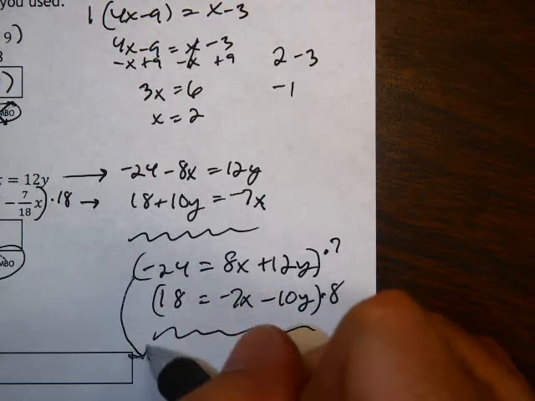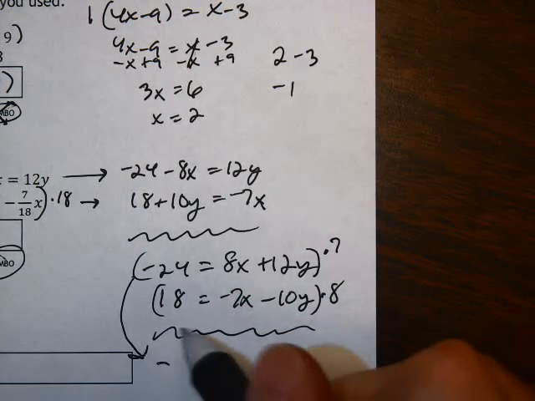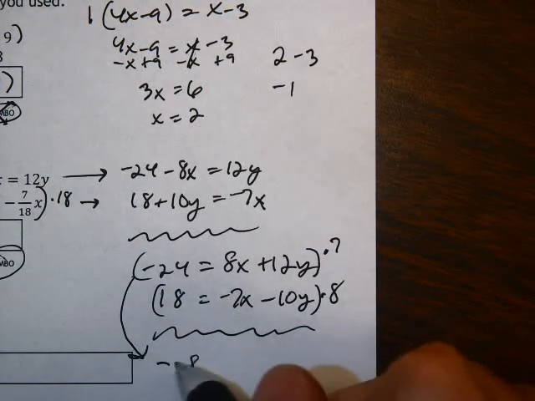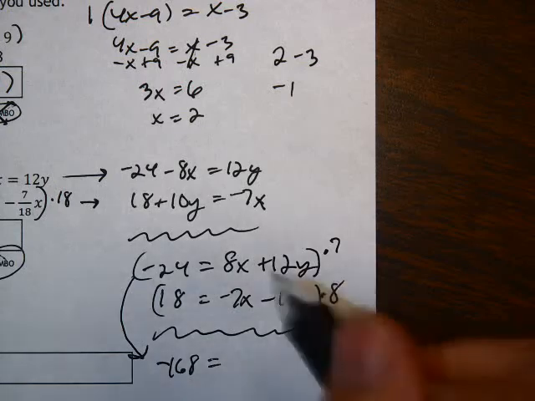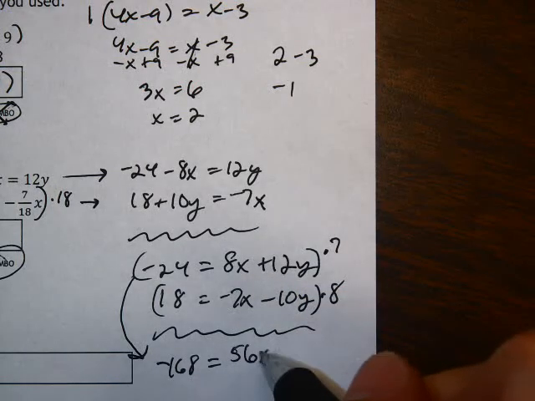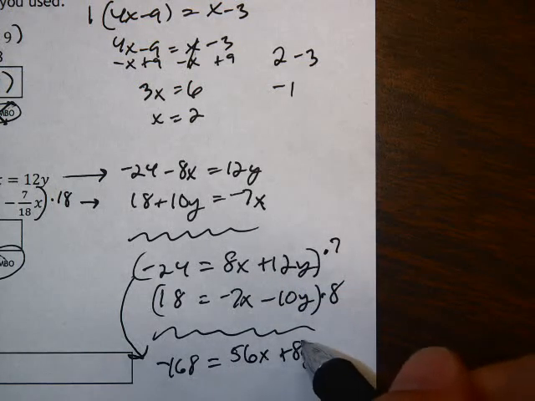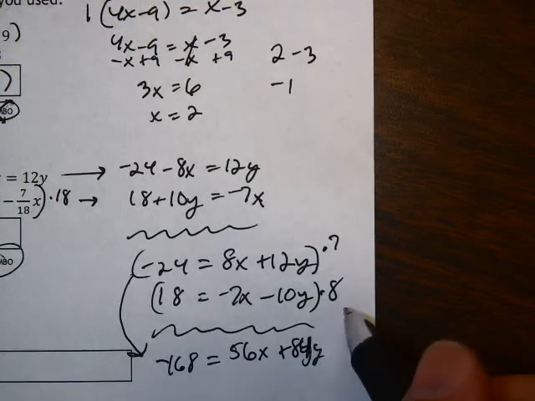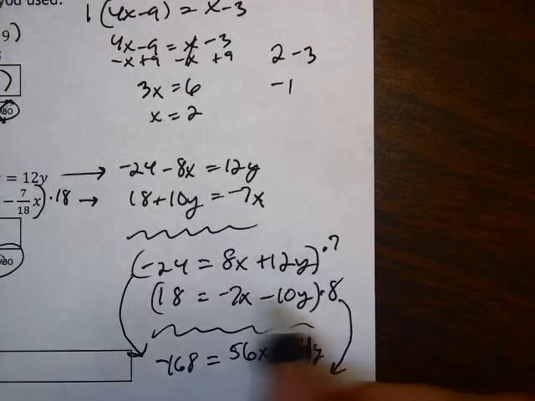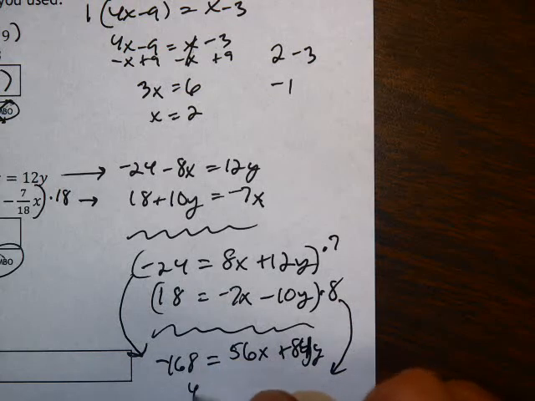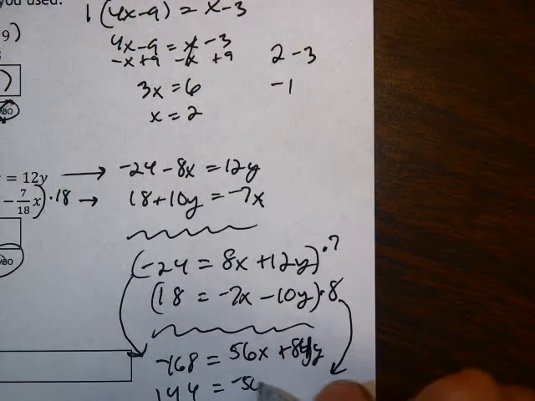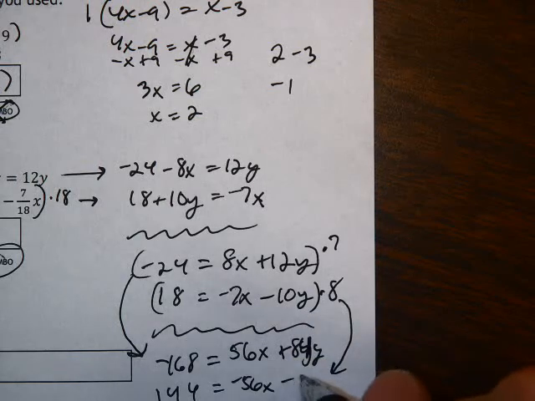So now this result gives me negative 7 times 24 is negative 168 equals 56x plus 84y. On the bottom, when I multiply by 8, that gives me 144 equals negative 56x minus 80y.